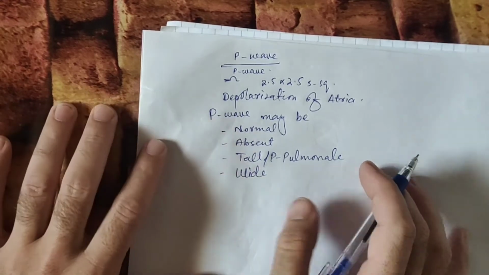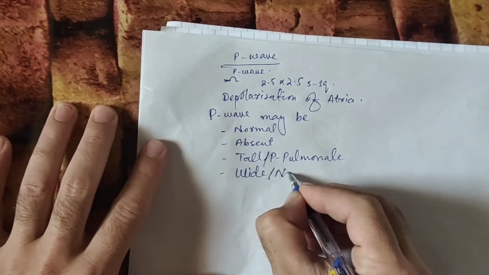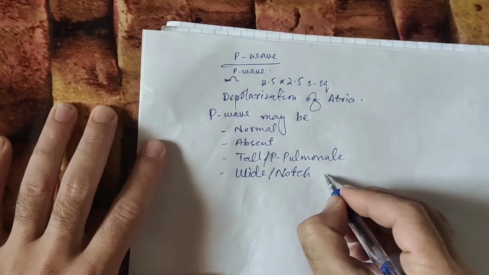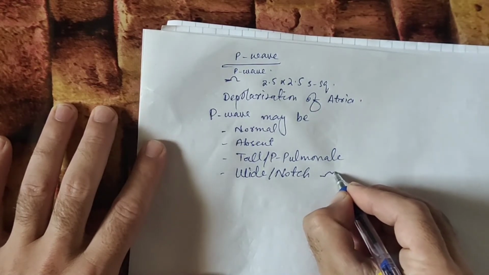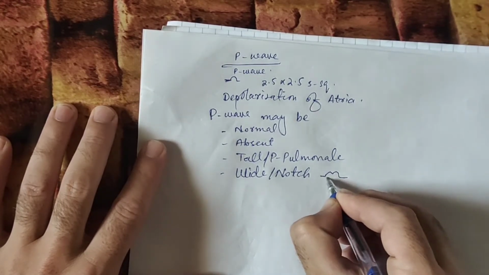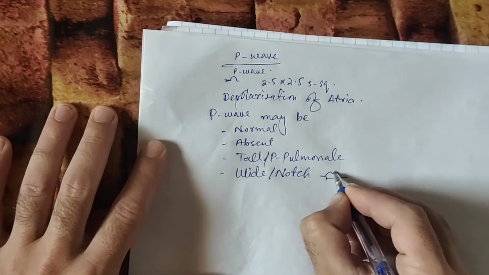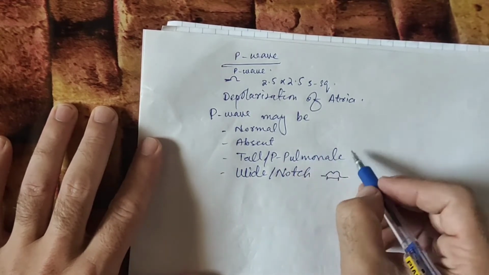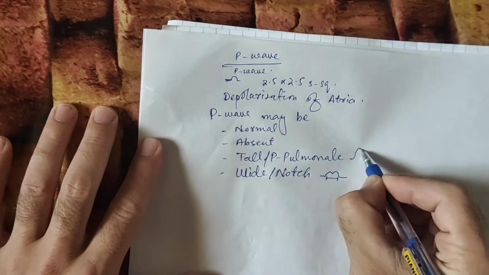In a wide P-wave there must be a notch. A notch is just like this, so it is wider than normal and there is a notch. P-pulmonale is the tall wave, like that.